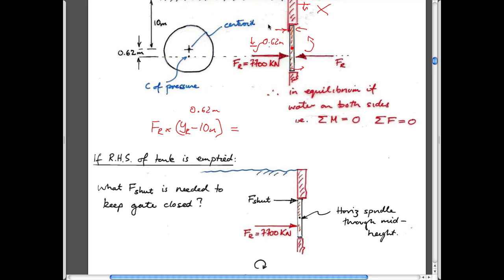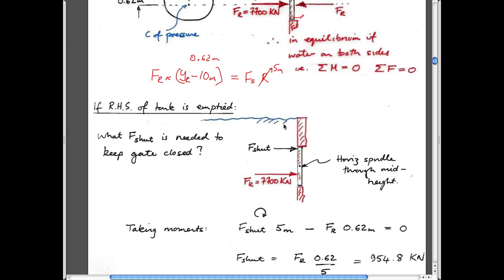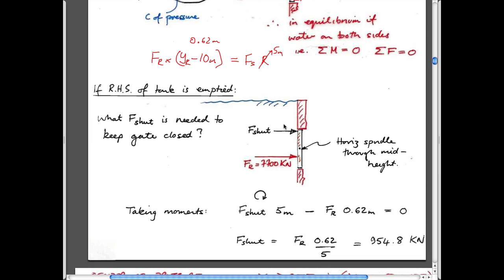That has to equal the force of the stopper multiplied by the lever arm. The lever arm is the radius of this, which we've called R, and it's equal to 5 meters. And if you do that calculation, it's just down here, then you end up with a magnitude that you have to apply, which is this. So that's basically it.